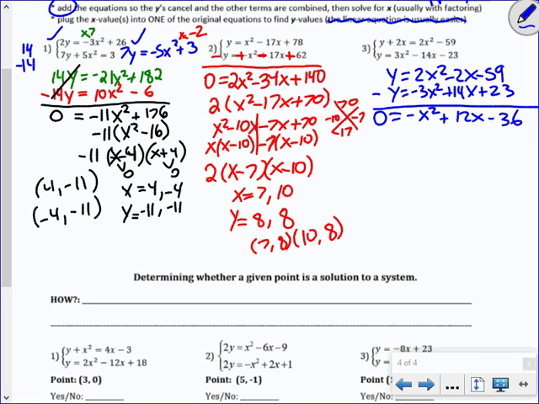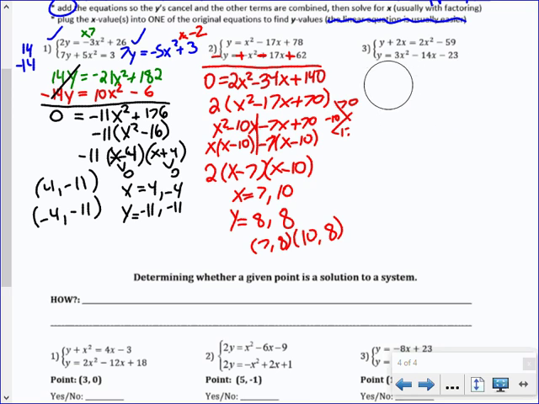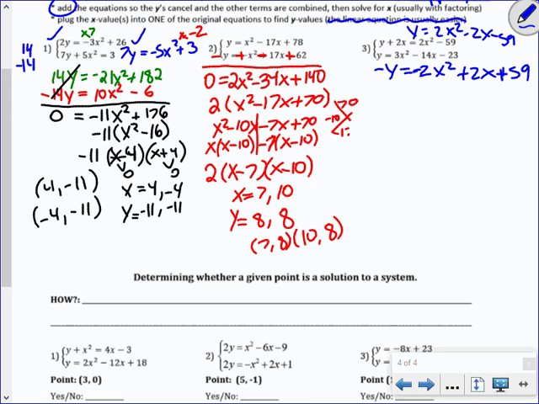Yeah, technically this one you could use substitution, but we're in the elimination section, so I want you to practice using elimination. Your original changed just to negative.